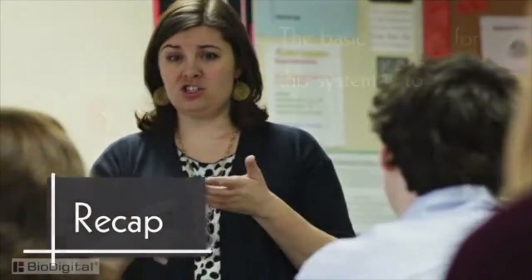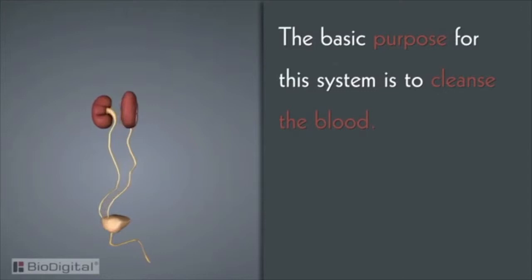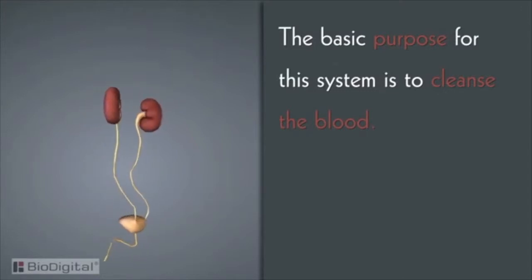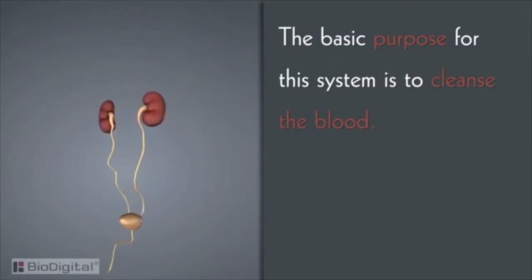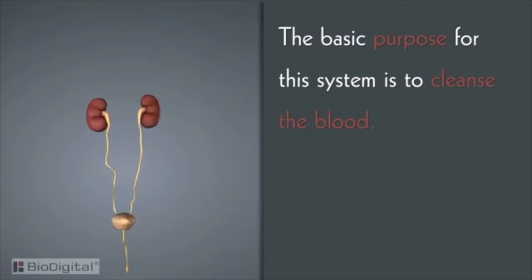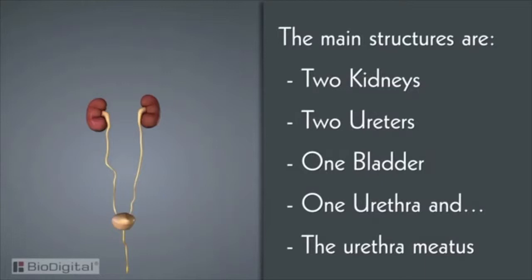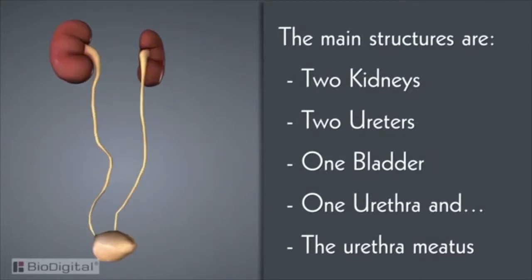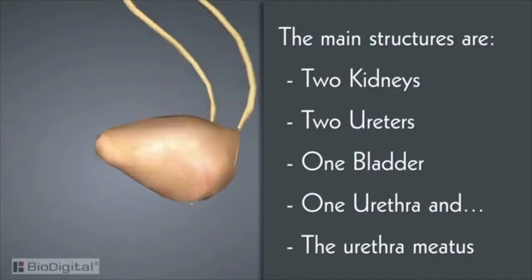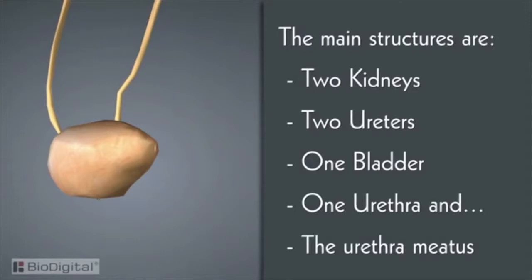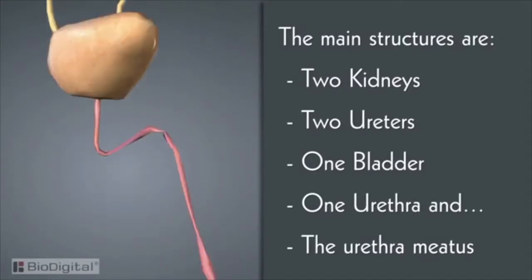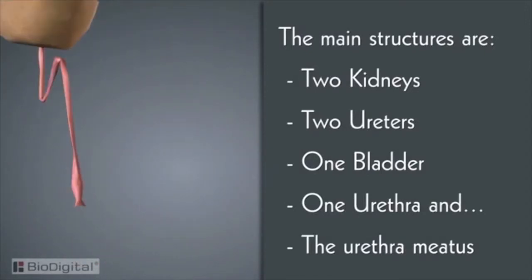Now before we finish, let's go over it one more time. The basic purpose for this system is to cleanse the blood. It filters out toxins such as excess sugars and salts, as well as other substances. The main structures or anatomical parts are 2 kidneys, 2 ureters, 1 bladder, 1 urethra, and the urethra meatus.